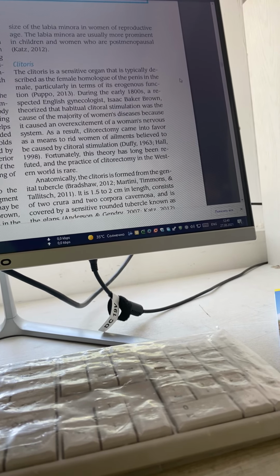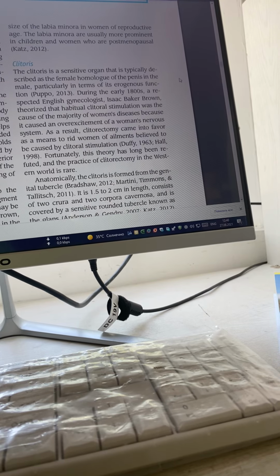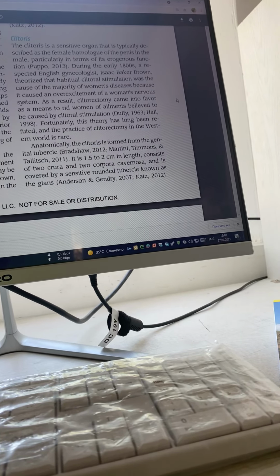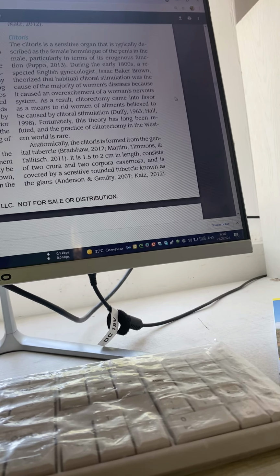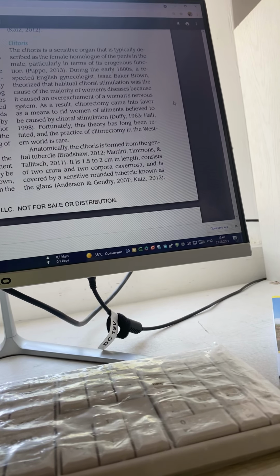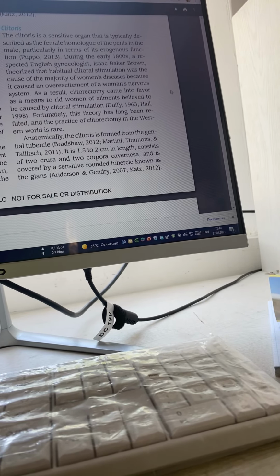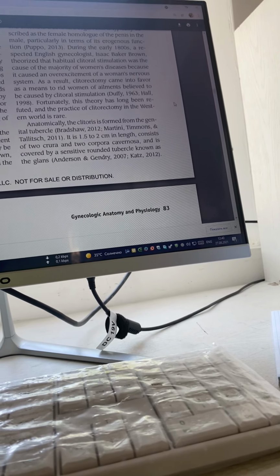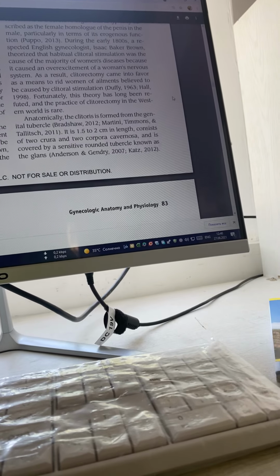As a result, clitorectomy came into favor as a means to rid women of ailments believed to be caused by clitoral stimulation. Fortunately, this theory has long been refuted. The practice of clitorectomy in the Western world is rare.